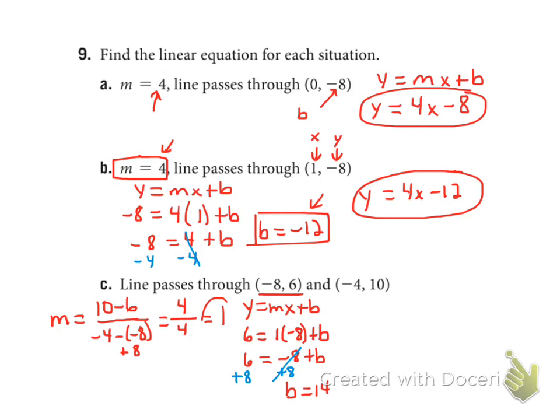So we found our slope over here, we found our b here. So we plug them in, and what do we have? Y equals 1.